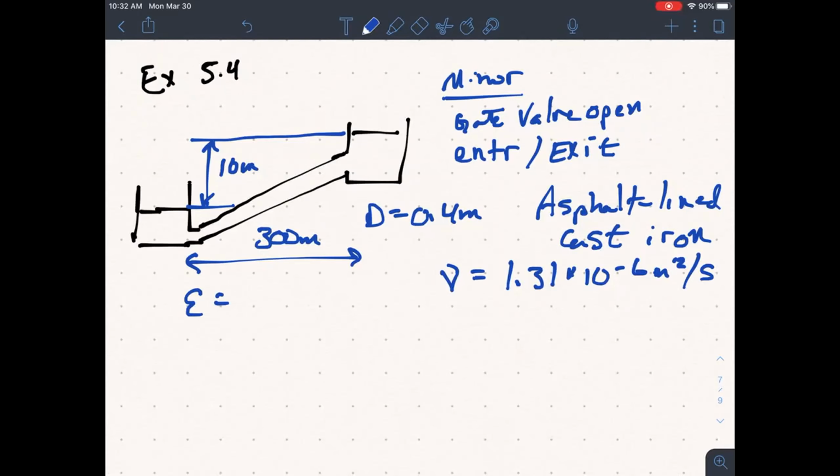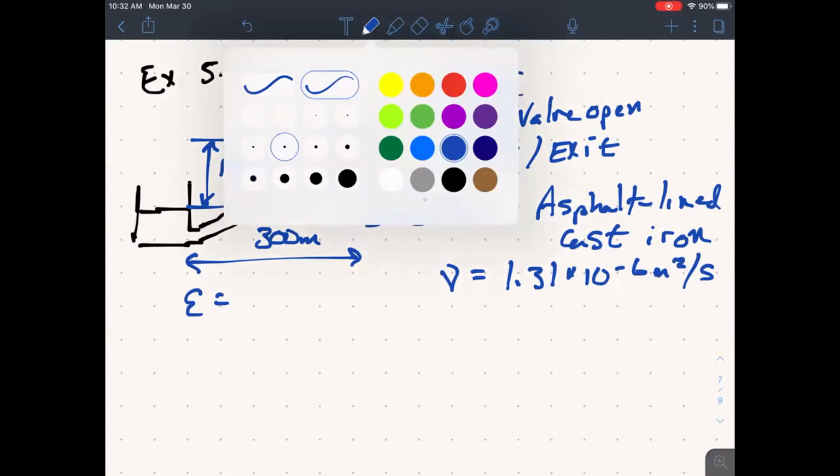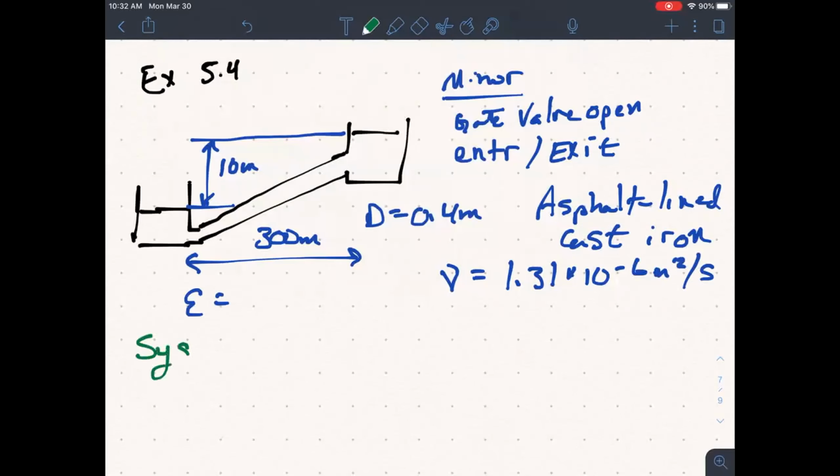So first we need to do our system curve. What does this pump have to overcome? And so our system curve, we just go to the energy equation. And we'll write out our energy equation as, so the pump obviously will go somewhere in here. Because we're going to evaluate between the free water surfaces, we have to overcome the delta Z, and then we have to overcome the friction in the pipe, right, and the minor losses.